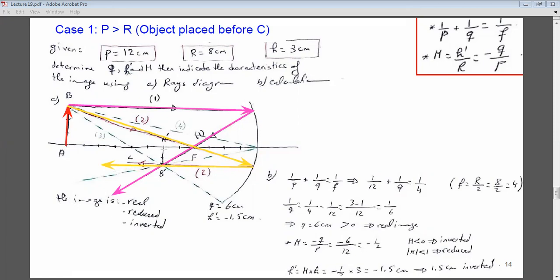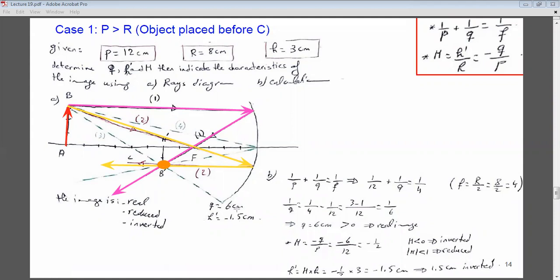Where do these 2 rays meet? They meet here. This is B prime. Now I see where A prime, B prime is. I do the math: H prime is 1.5 centimeters, negative. Q is how far it is from the mirror: 1, 2, 3, 4, 5, 6.